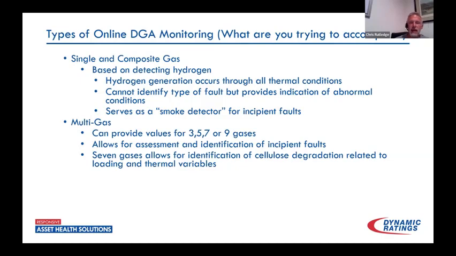So when we say key gas, that's usually going to be based around a hydrogen type monitor. You have a couple of different kinds of these. You have your basic palladium based chip, which would be a hydrogen only sensor.